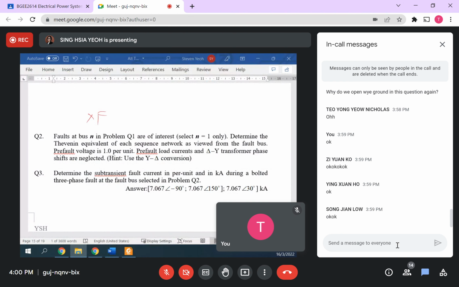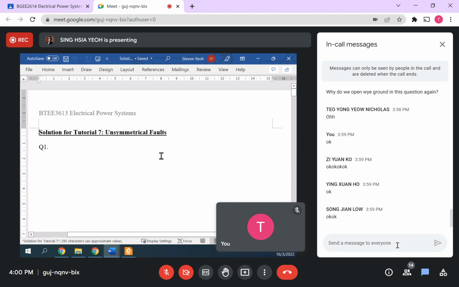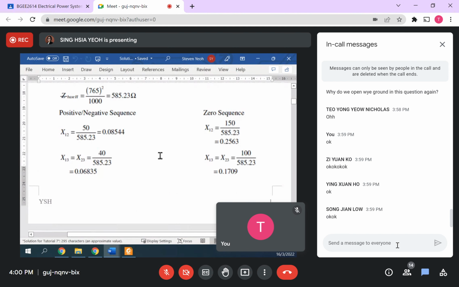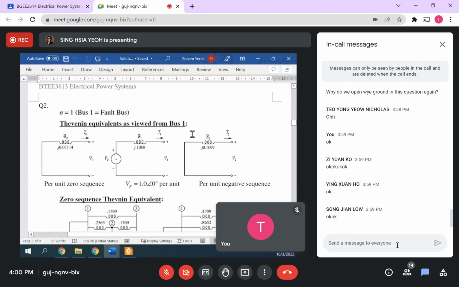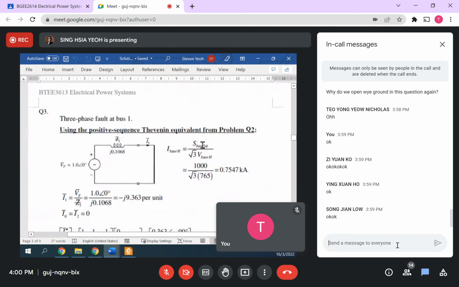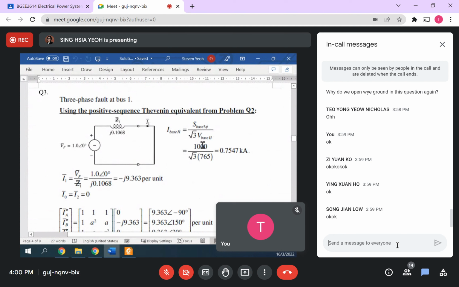Once you get the answers for Z0, Z1, and Z2, then you can continue with the rest of the questions. For question 3, you will only choose the positive sequence.